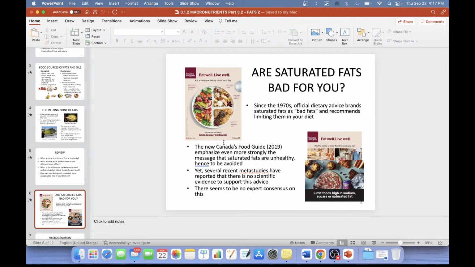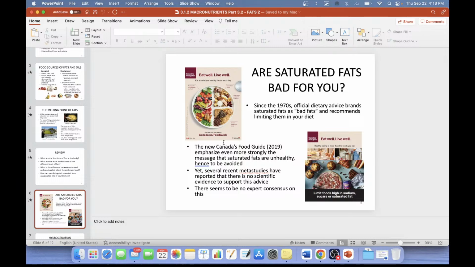That is not said explicitly in your official dietary advice, but since there is no lower limit that is set, it is implied that if you eliminated saturated fat completely from your diet, that would be good for you. But as I said, and as I expressed that with a question mark, not everyone agrees on this point. All right. So since the 1970s, official dietary advice brands saturated fats as bad fats and recommends limiting them in your diet.